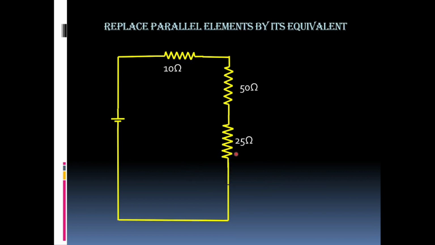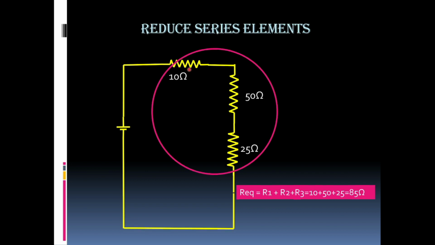When you do the 25 ohm resistor, now you can see all of the resistances are in series. The same current will flow through them, so they are in series. You simply have to add all the resistances to find their equivalent resistance. That will be 10 plus 50 plus 25, and that will give you the answer 85 ohm.